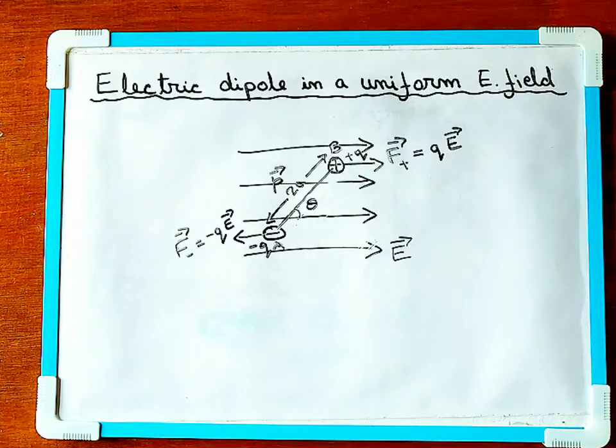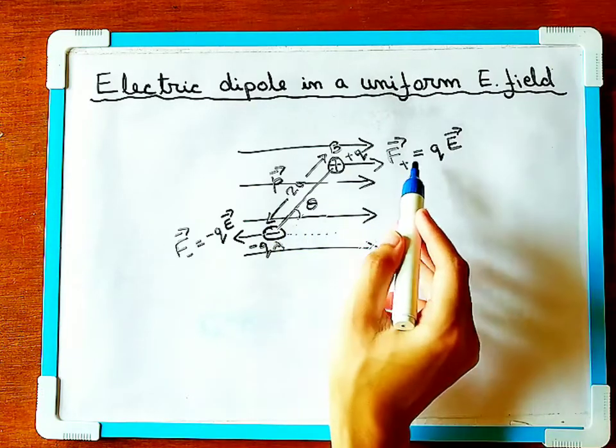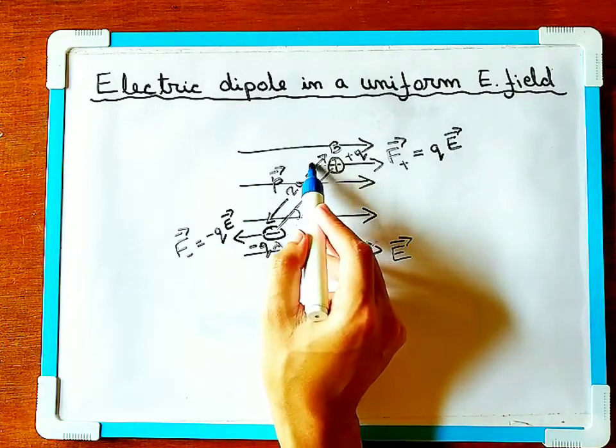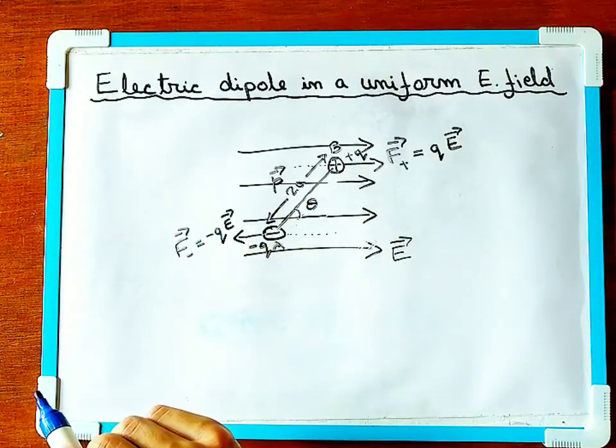Alright, so here we have two forces which are equal in magnitude but opposite in direction, and they are acting along different lines of action also. This force is acting along this line, and this force is acting along this line. So see, they are acting along different lines of action.